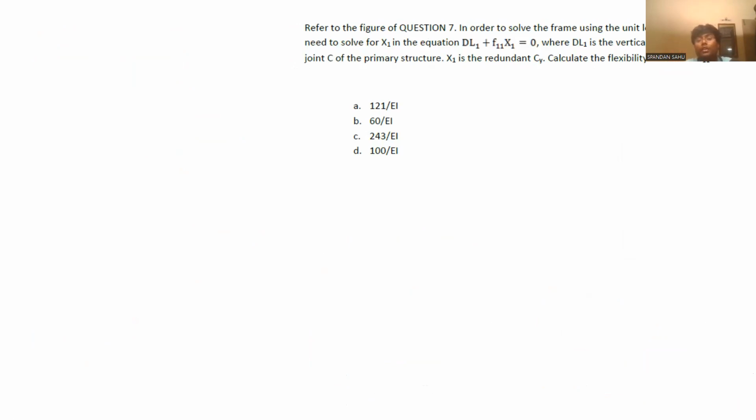Now here, how many components will be there, what will be the order of the flexibility matrix? It will be 1 cross 1. You should understand that the order of the flexibility matrix depends upon the DSI of the structure.